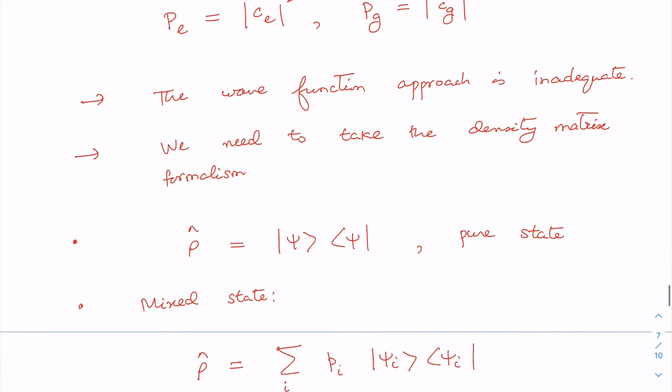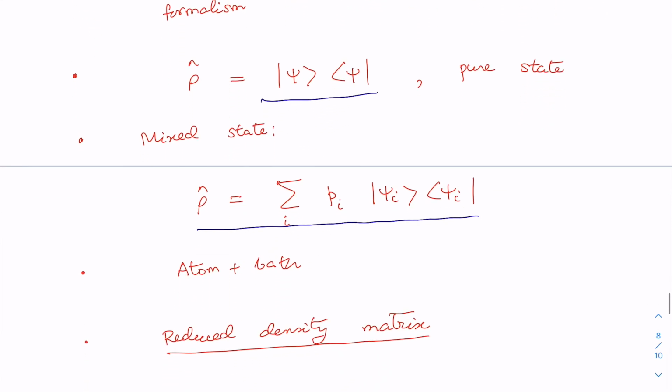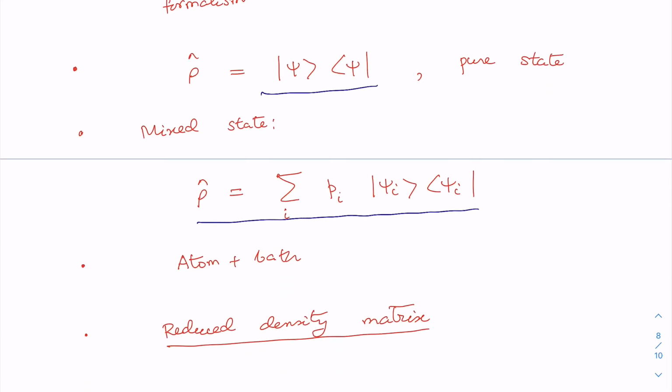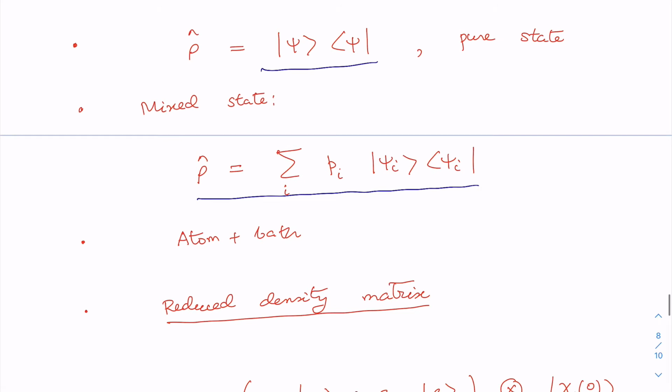So we need the density matrix formalism, and in this context I quickly reminded about the density matrix for the pure state, which is this, and for the mixed state the density operator is defined like this. We have already discussed the density matrix formalism in module 1. Sometimes rather than the total system we may be interested in a subsystem. For example, if we focus only on the atom, this can be taken into consideration using the so-called reduced density matrix.